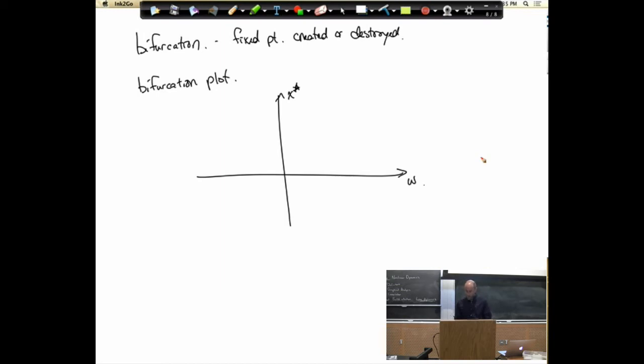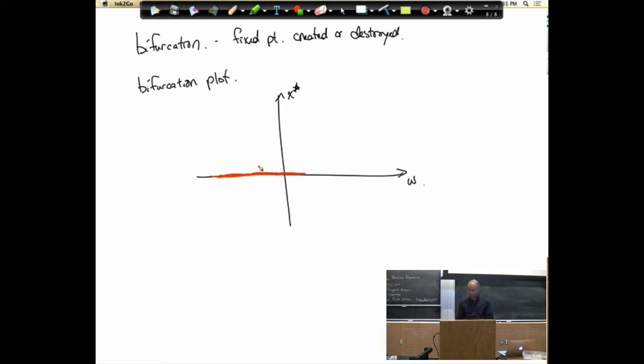Okay, so when W is small, or when W is even negative, which seems like a bad idea, but if W is negative in that equation, then I had a fixed point at 0 and it was a stable fixed point.